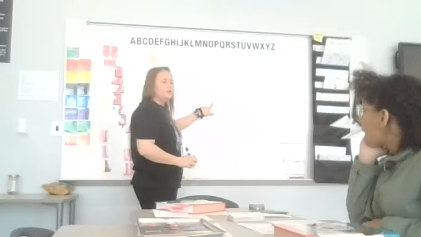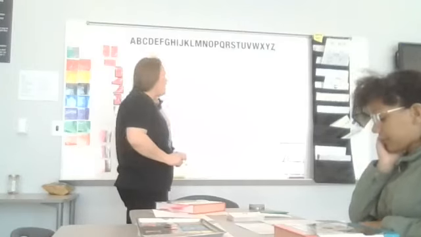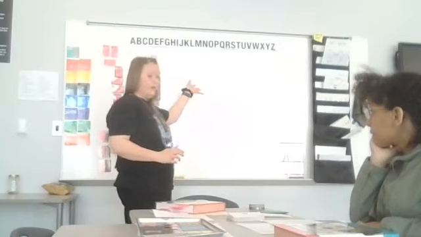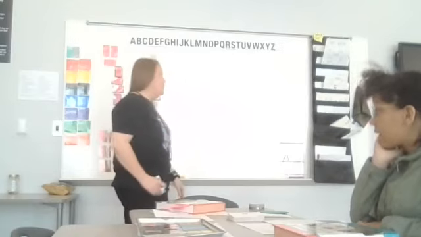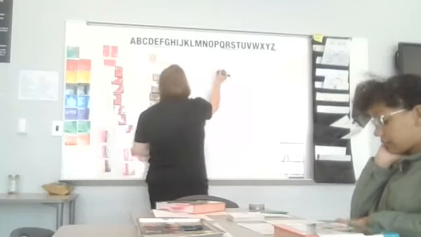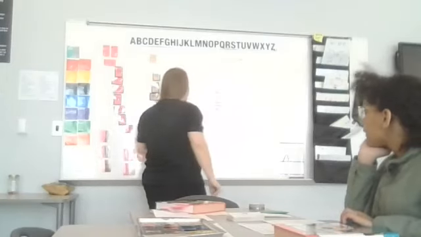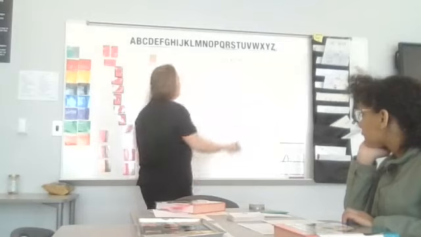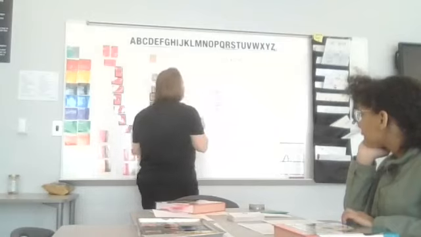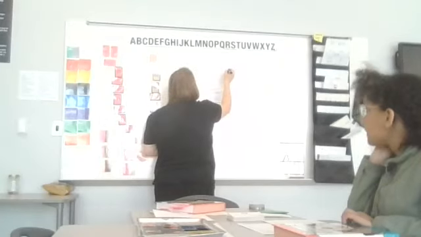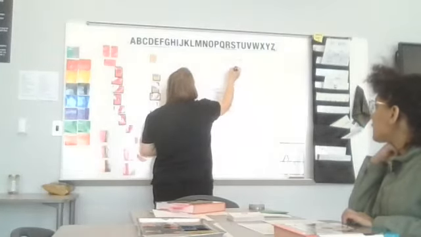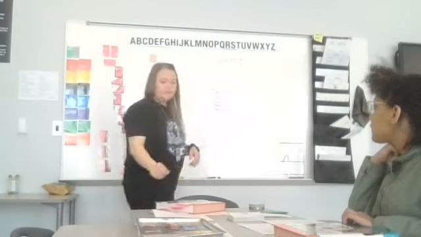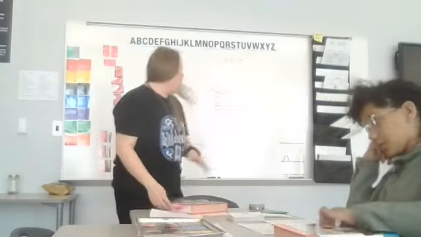Looking at your quartiles, look at this word paper. What does it start with? P. So which quartile would P be in? 3, it would be in quartile 3. What are the first 3 letters of paper? P-A-P.